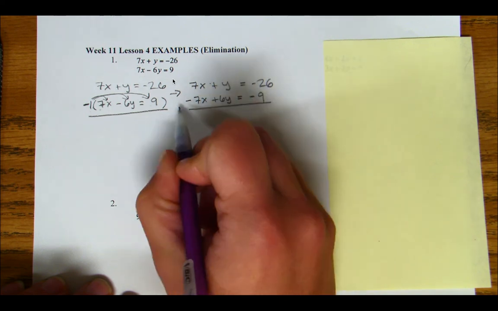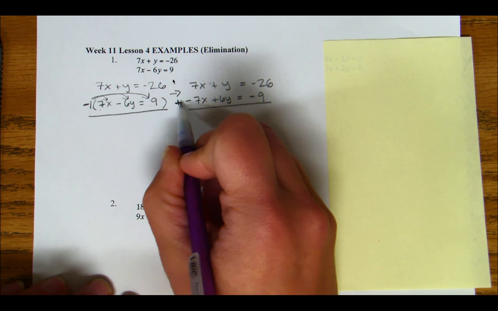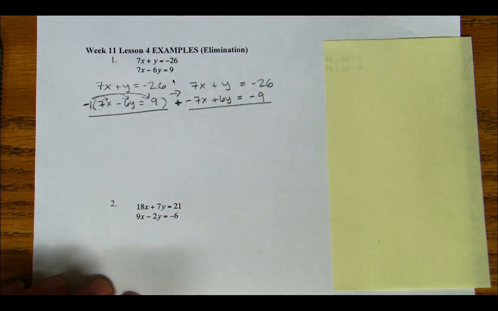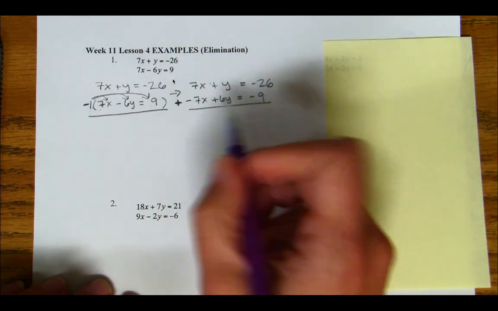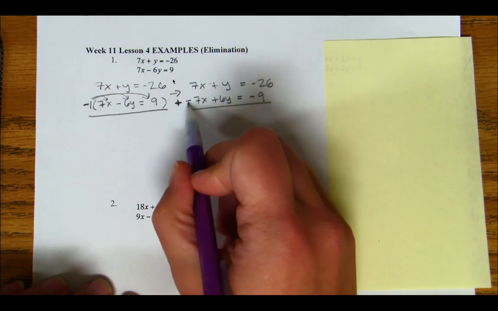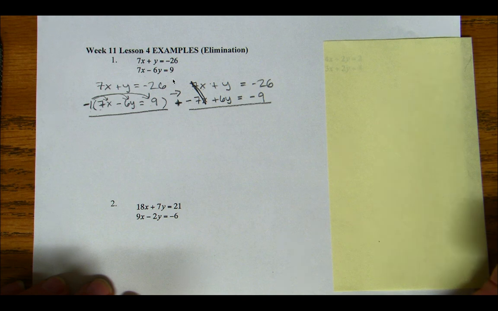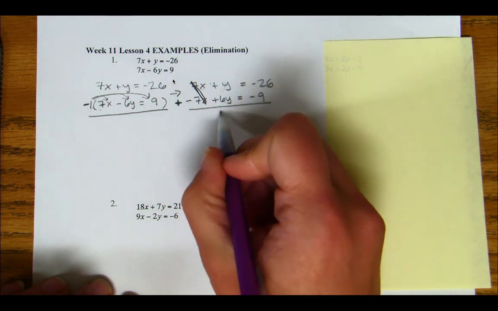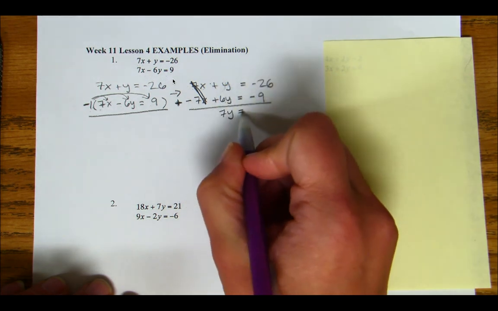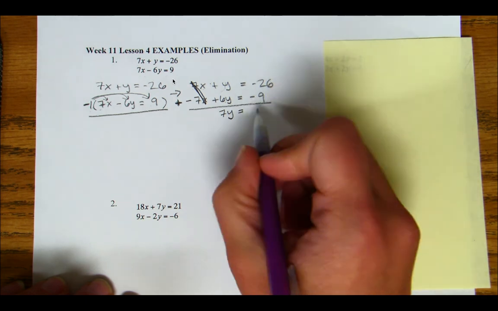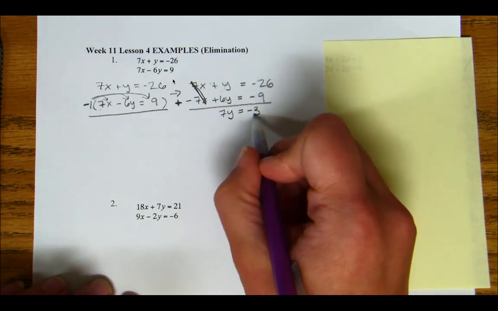So this allows me now to actually add straight down instead. So by adding straight down, you'll notice 7x minus 7x, that's gone. So now I can just add straight down here and I get 7y. And then if I add straight down here, I get -35.